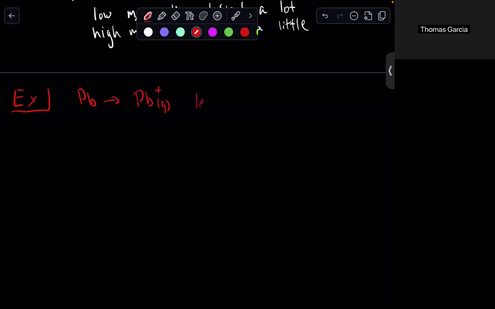So Pb is lead, just in case you don't have your periodic table handy. When you run lead through a mass spec, you will get a graph of values. And the graph for mass spec is very important to know the axes. So on our y-axis, we have percent abundance. And on our x-axis, we have our MZ ratio.